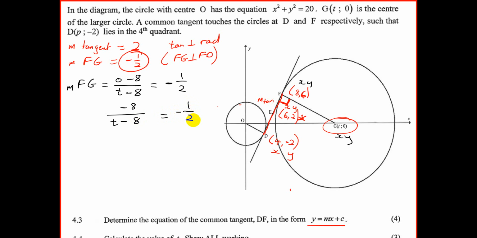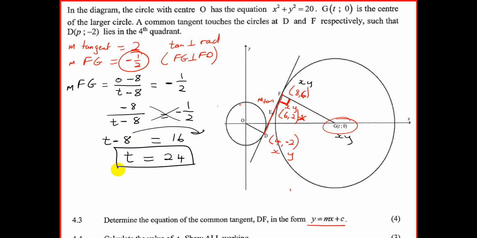To work it out, it's quite simple. We can find an LCD, or we can cross multiply, which is the easy way I'm going to go with. T minus 8 times a positive 1 is t minus 8, and minus 2 times a negative 8 would be 16, and therefore t would be, take your minus 8 to that side, it becomes plus 8, 16 plus 8 is 24.